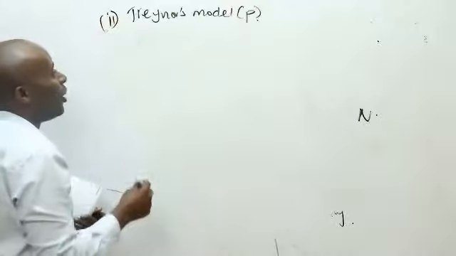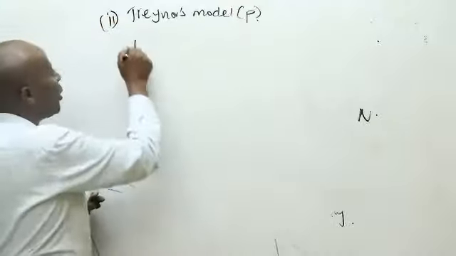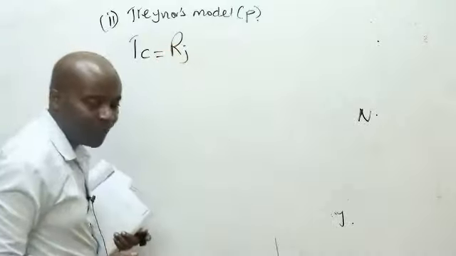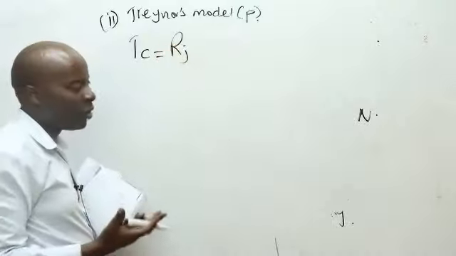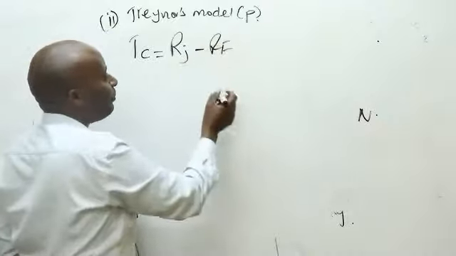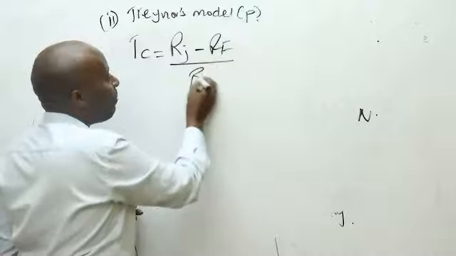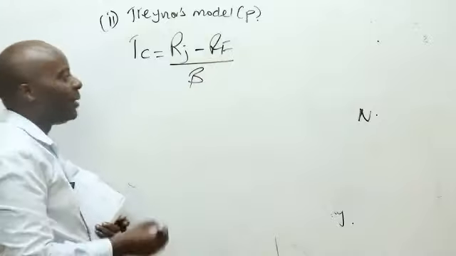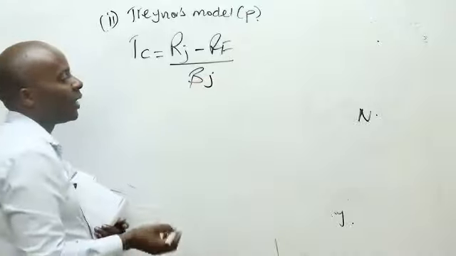The Treynor's coefficient is returns of the security itself, could be the actual or the average or expected. So RJ minus risk-free divided by beta of that security J.